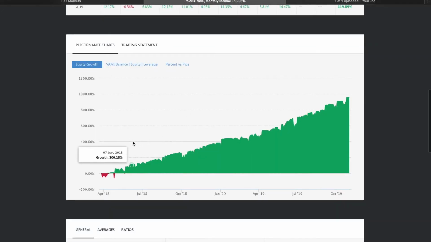The equity curve basically shows you the ups and downs of this trader. One of the very good strategies in following a trader is to check whether he is in a drawdown or not.